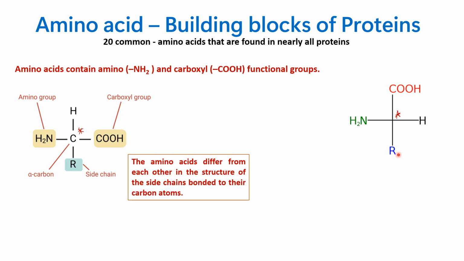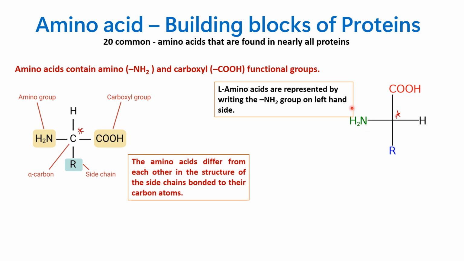When we come to biomolecules, they are denoted by the notation L and D. Carbohydrates are denoted as D sugars because the OH is written on the right hand side. Likewise, amino acids are denoted as L amino acids because the NH2 group is written on the left hand side.